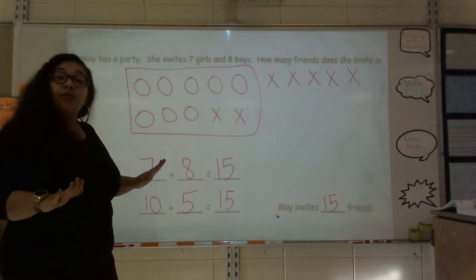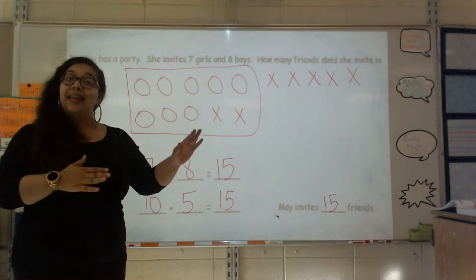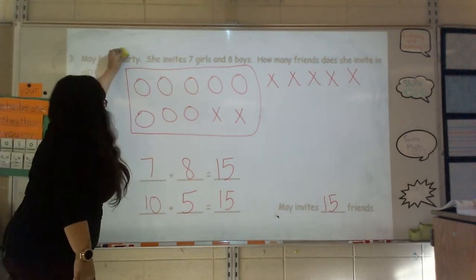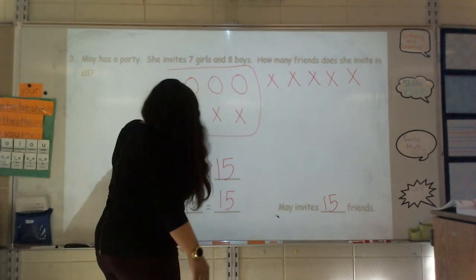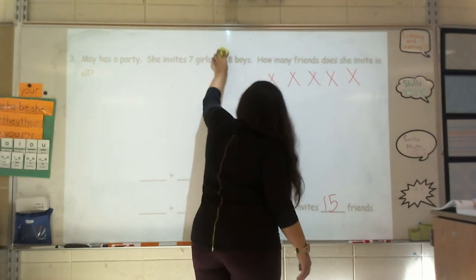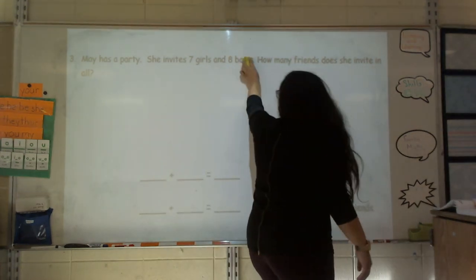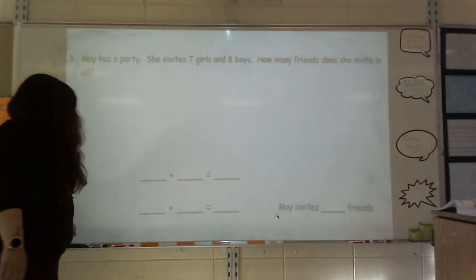All right, guys, so we're done practicing together. I'm going to show you your assignment and where it is, and you're going to go ahead and get to it. All right, let's look.